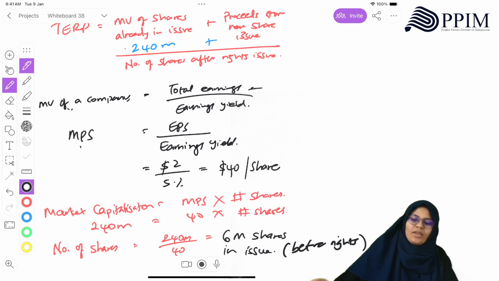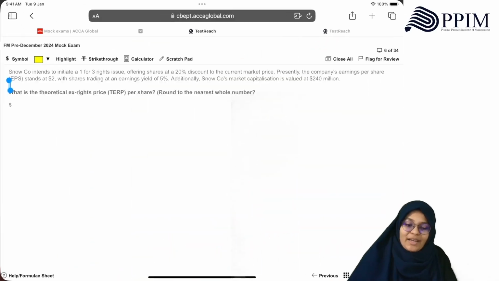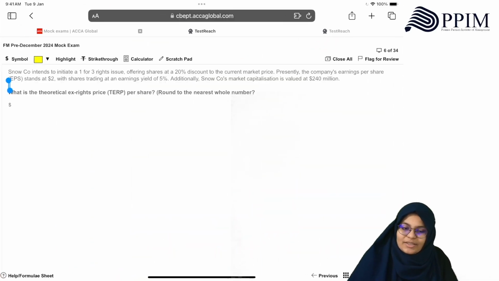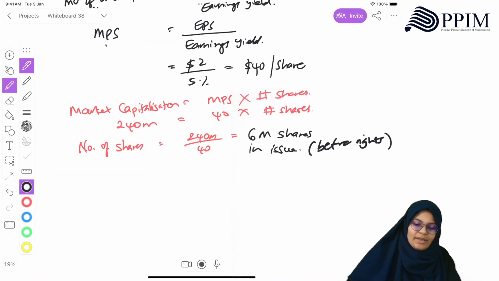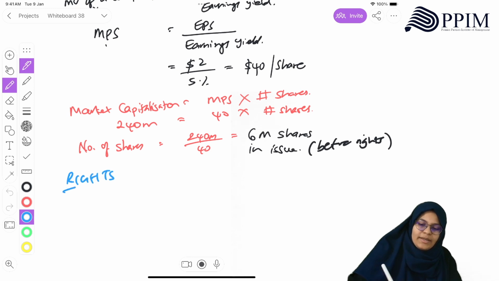Okay. So now let me read what they're talking about the rights issue. They said it's a 1:3 rights issue and the price is at a 20% discount to the current market price, right? So the rights issue, how many shares? 1:3, right? So we have 6 million shares in issue.